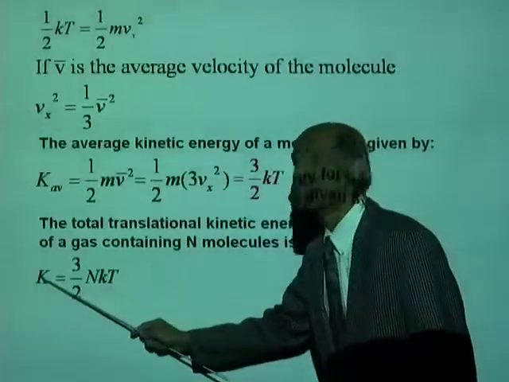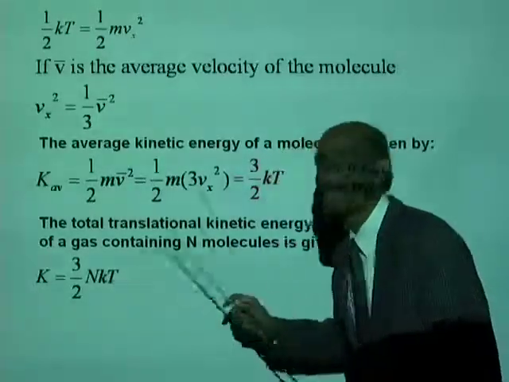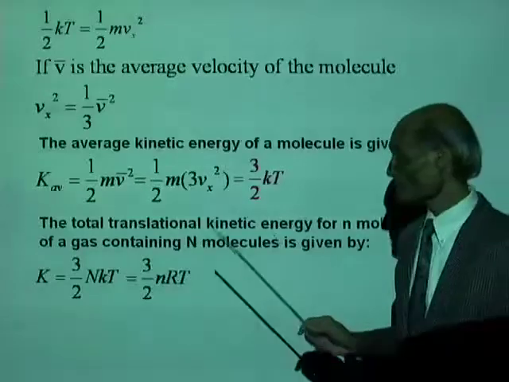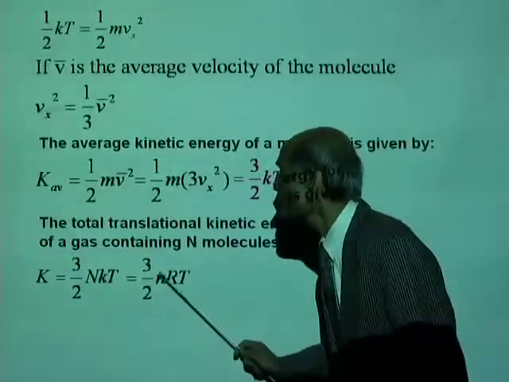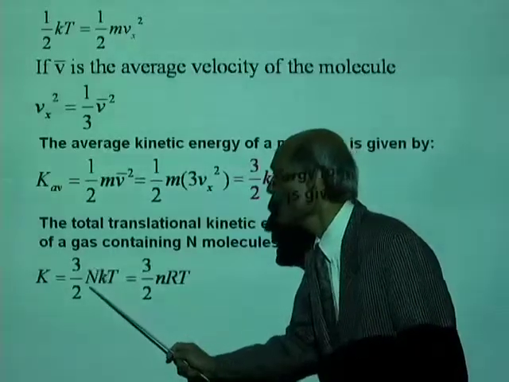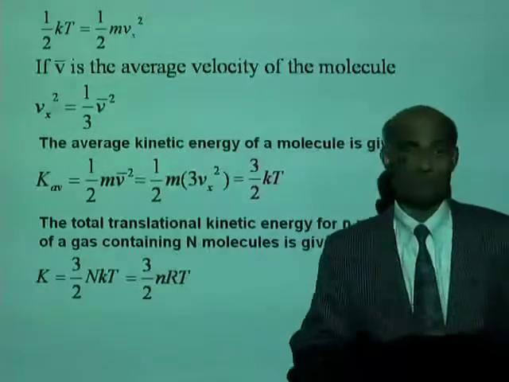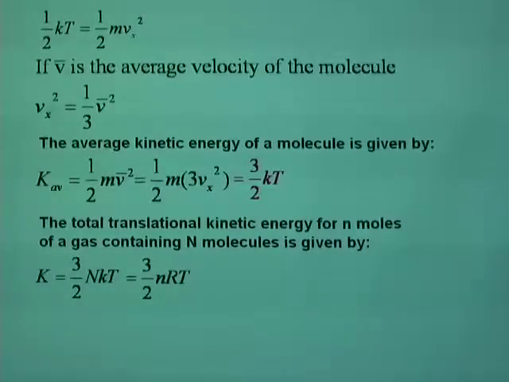That will be 3 over 2 NkT. That will be 3 over 2 nRT. Did you understand how Nk becomes nR? I hope you understand that. Let me show that to you.